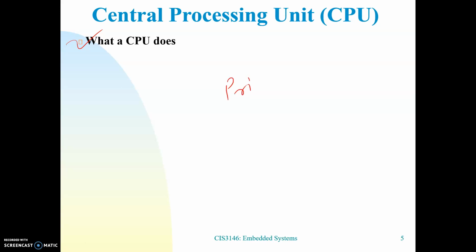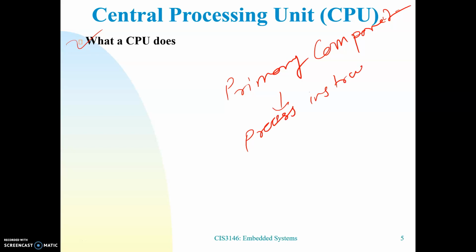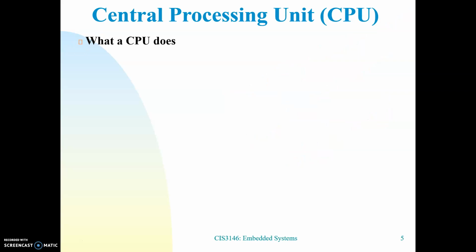Why is it a primary component? Because it processes instructions. We discussed two models, the 3-stage model without parallelism and the 5-stage model with parallelism. So that is the reason the CPU is a very important, primary component of a computer system.